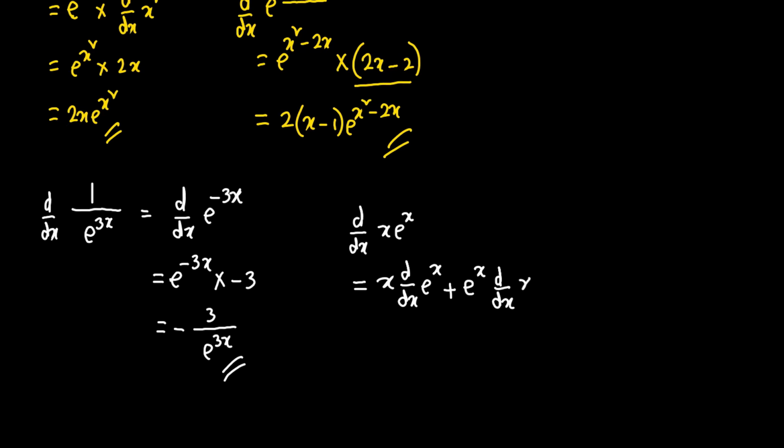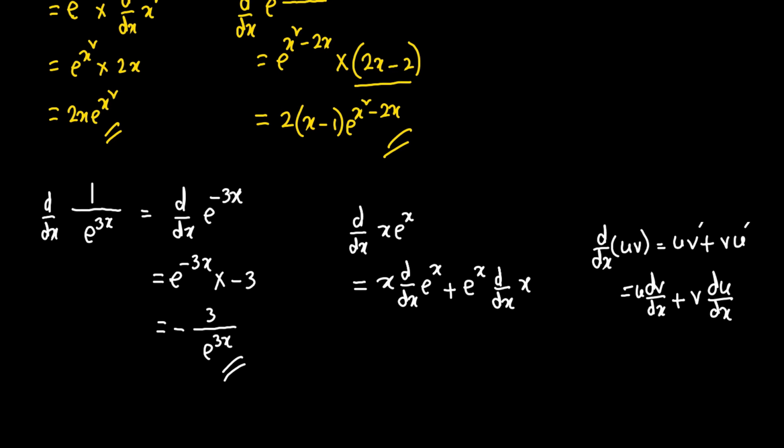So dy/dx of x e to the power x, this is the rule for the product rule. I'm going to repeat the product rule. Say dy/dx of uv is given, then we need to write u dv/dx plus v du/dx. This is the rule. Or we also can write u times the derivative of v plus v times the derivative of u.